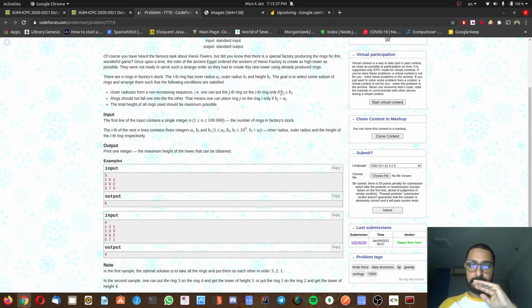So bj has to be smaller than or equal to bi in order for you to place object j on top of i. And one more condition, which is that the outer radius of the object on the top should be greater than the inner radius of the one on the bottom. And this actually makes sense so that the object will not fall within.